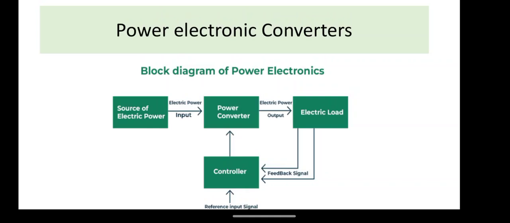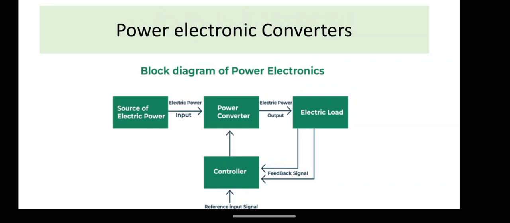In our house, we have a 220 volt AC supply with 50 Hz frequency, whereas the load here, the charging of the mobile phone, requires a 5 volt DC. So here we need a power converter. That is the adapter that we are basically using, or in layman terms, the charger that is used for charging the mobile phone.